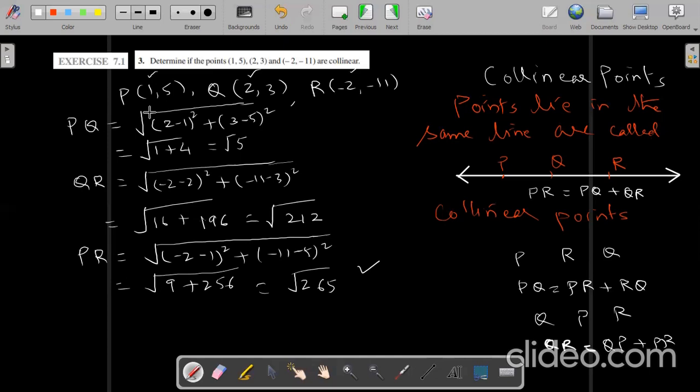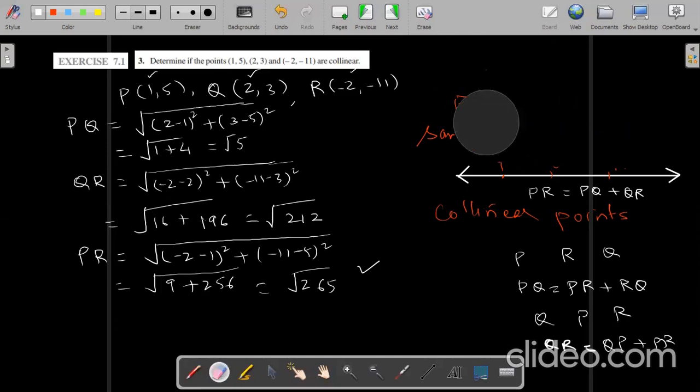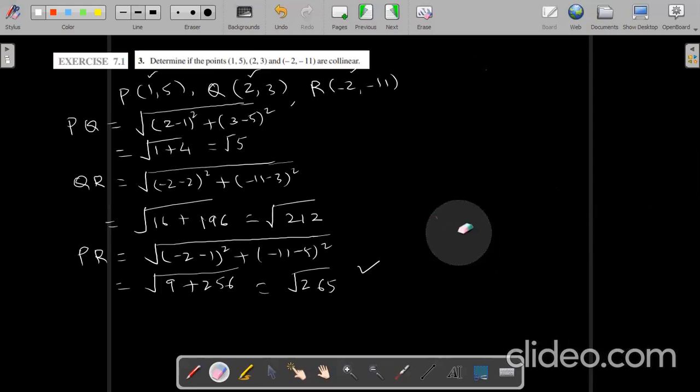We have to check, but what you have to check is, so here obviously if you see the highest value, how will you check?